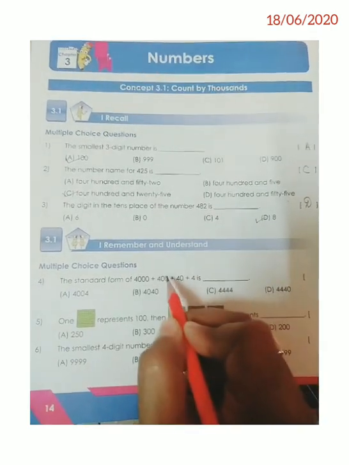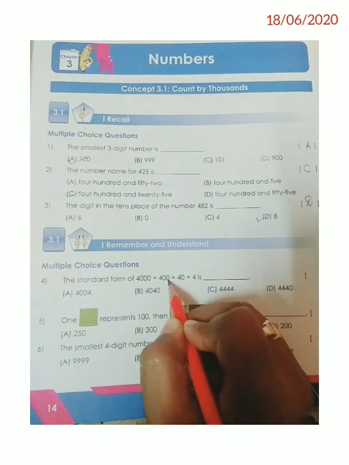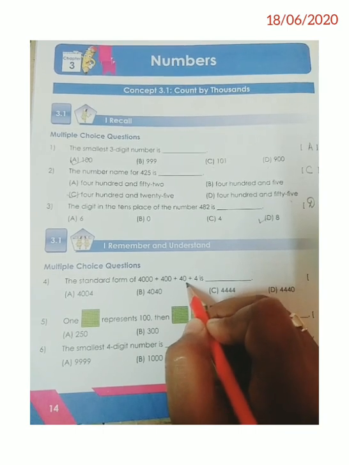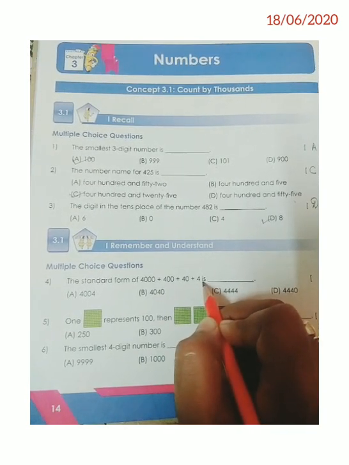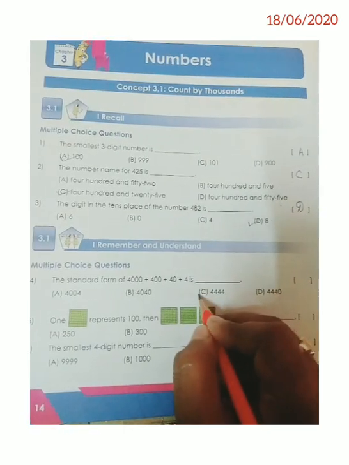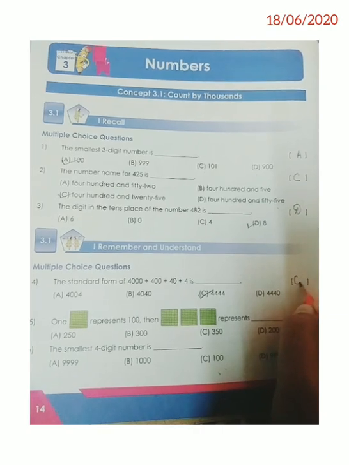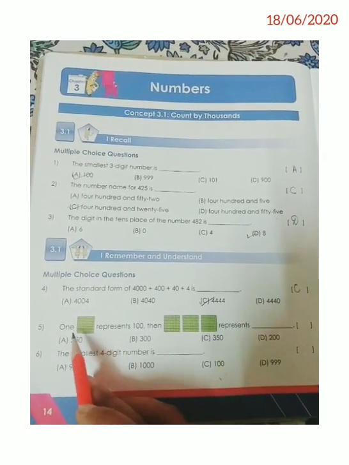Alright, so out here you have to add 4000 plus 400, which is what? 4400. 4400 plus 40, 4440 plus 4 is what? 4444, isn't it? So the correct answer is C, 4444. So write down over here C.